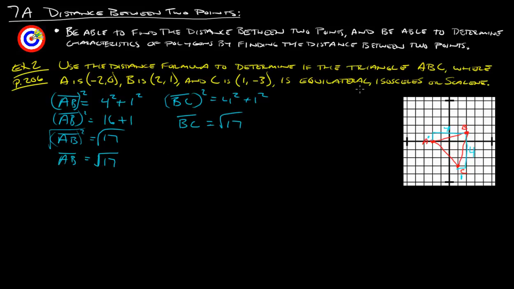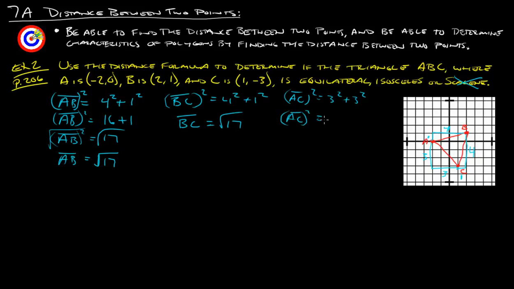So we know that those two sides are the same. So we know it's going to either be equilateral or isosceles. It's not going to be scalene, right? Scalene is where you have 3 different side lengths. So let's figure out what AC is going to be. That is, what, 3 by 3. So AC squared is going to be 3 squared plus 3 squared.